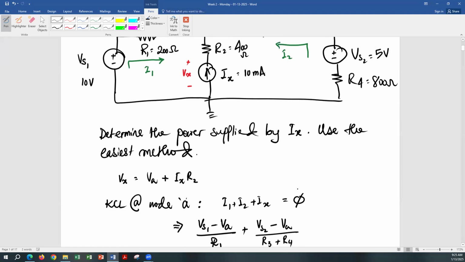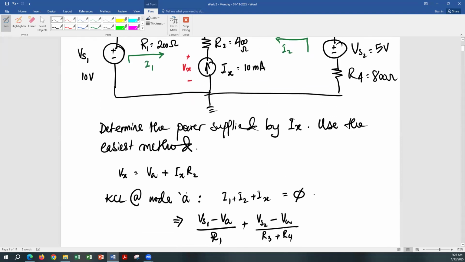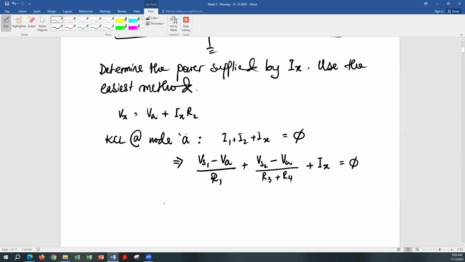All right, so that's going to give you VS2 minus VA over R3 plus R4. And then IX, of course, we already know the value of IX, and that's going to be 0. VA is the only unknown here, so we're going to keep VA on one side and other things on the other side.